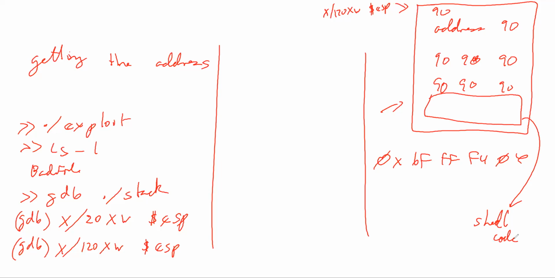I have it here: 0x31, right, if you're looking at your lab, and then what? 0xC0, and then what? 0x50, and so on. So maybe you'll start finding those characters in there, and then you'll know, okay, I was successful.